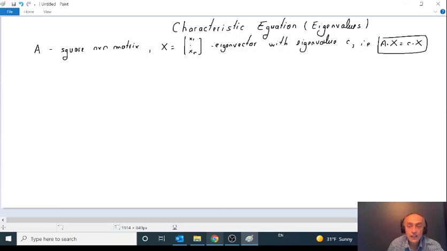Hello folks, in this video I am going to describe a characteristic equation corresponding to the notion of eigenvalue and eigenvector. So as usual I am going to start with a square n by n matrix A. I am going to have an eigenvector which is described here as a column x1, x2, x sub n.